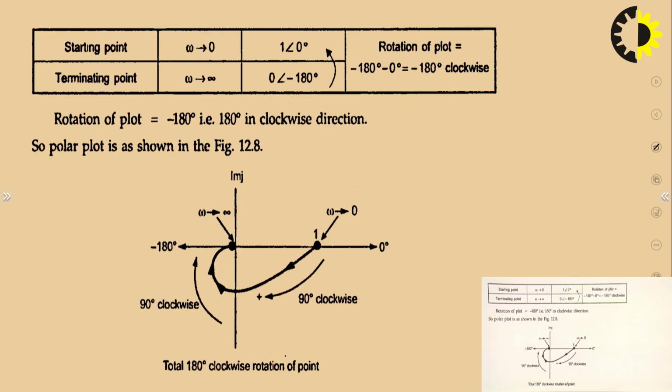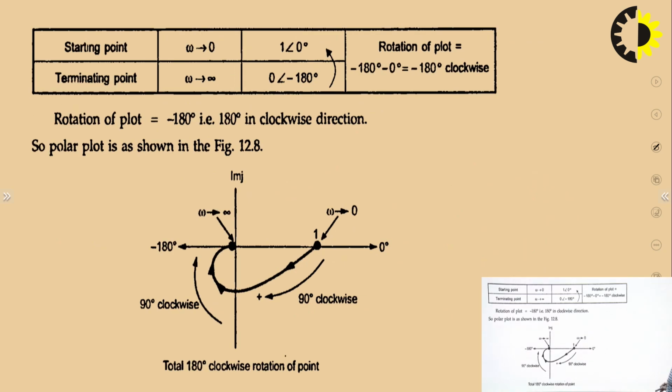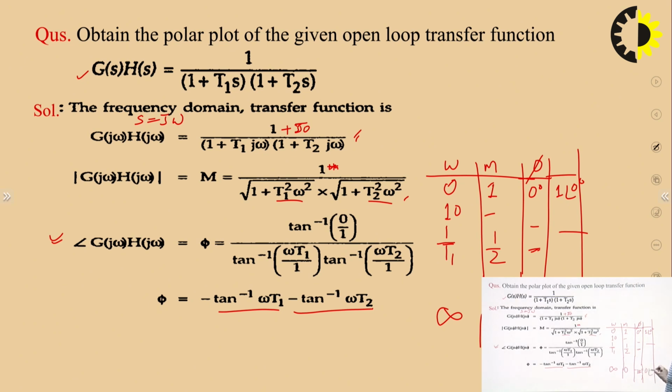So you can see in this table, when omega tends to 0, we have the value 1 angle 0, and when omega tends to infinity, this is 0 angle minus 180. So we can find the intermediate values if required. Otherwise, intermediate values are not required. We simply have to see the angle of rotation, which will be minus 180 degree minus 0 degree.